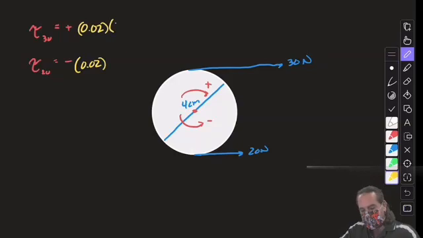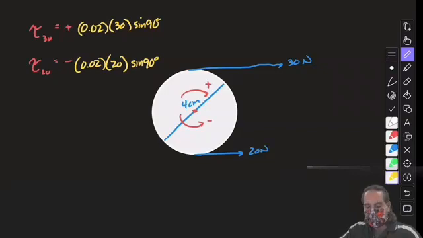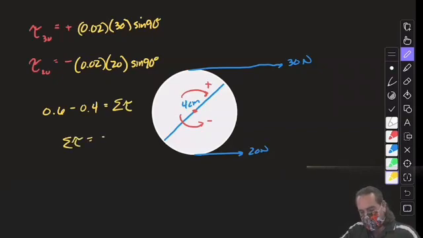But this one has a 30 Newton force, while this one has a 20 Newton force. But the angles are both 90 degrees. So I'm going to have positive 0.6 minus 0.4. And that's got to equal my net torque. So my net torque is going to be 0.2 meter newtons.